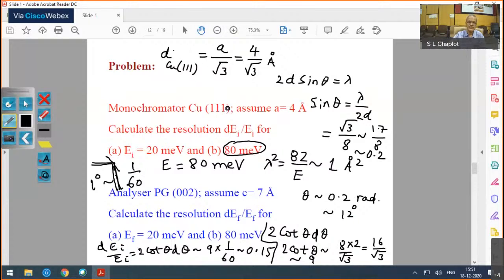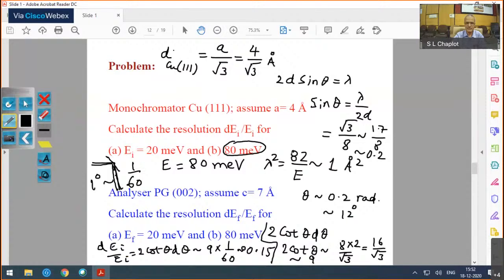So for large energy, smaller wavelength, smaller Bragg angle, and therefore we have a poor resolution. Why do you use a poor resolution? Quite often you use it because you want to maximize your neutron intensity. You can get a very good intensity if you use a poor resolution.